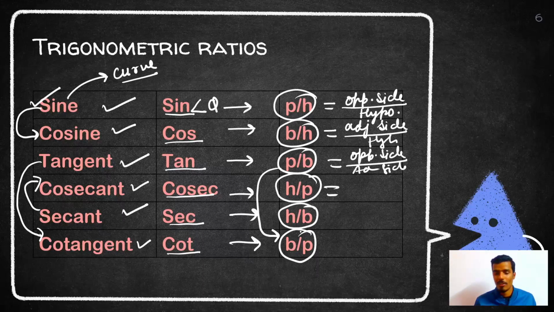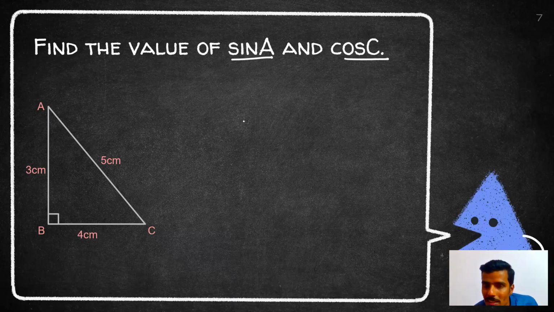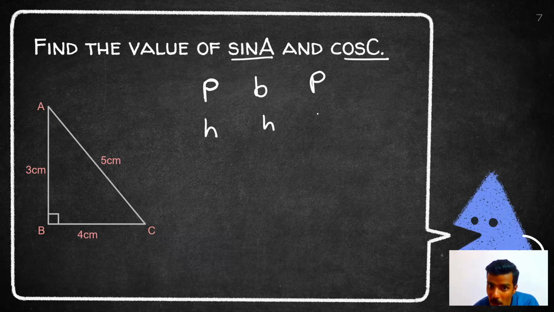Now, next point, there is a question. In this question, we have a right angle triangle ABC, the sides AB, BC, AC, and the values of the sides are given. We have to find sine A and cos C. Now, we have to recognize the formula of sine A. There is a trick to recognize the formulas: P for Pandit, B for Badri, and again P for Prasad, then Hari Bol.